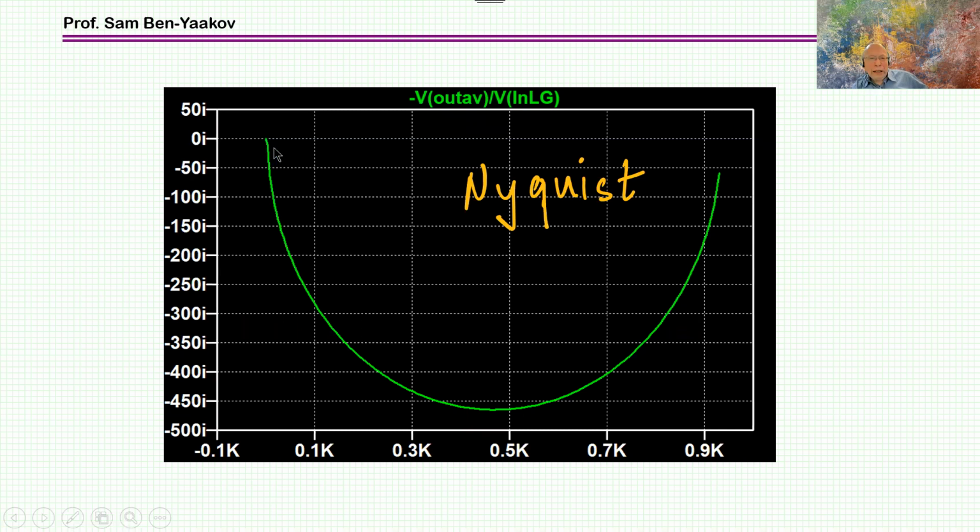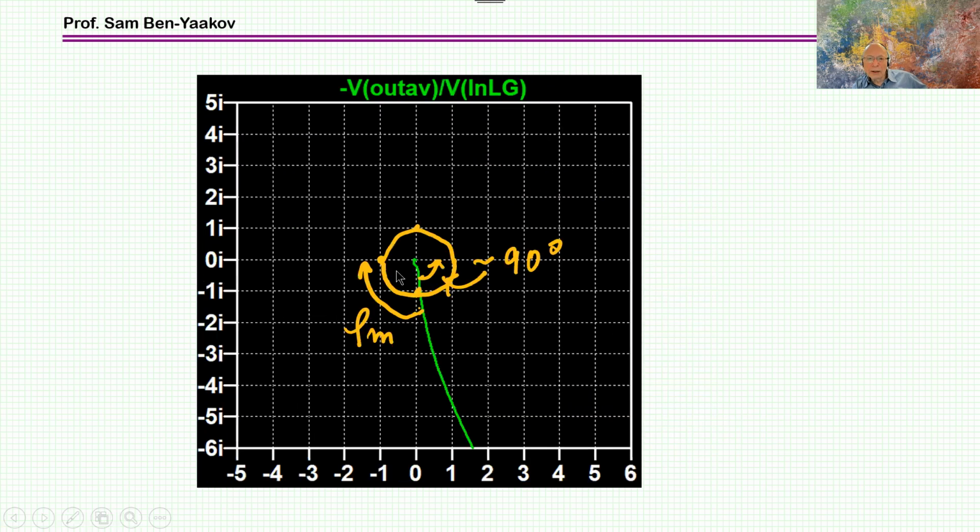Now, what is important is what is happening here around the -1 point. And lo and behold, this is zooming up. This is the unit circle that I've explained. This is now the curve, getting into it.